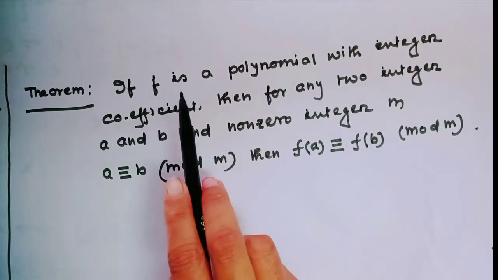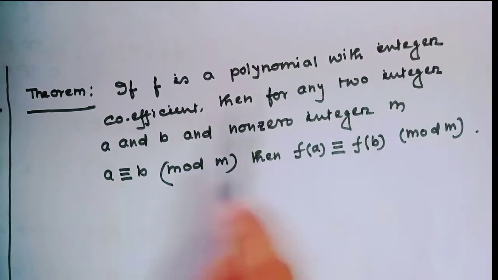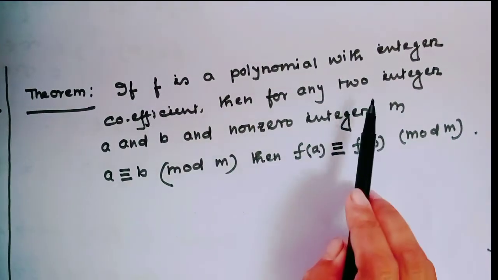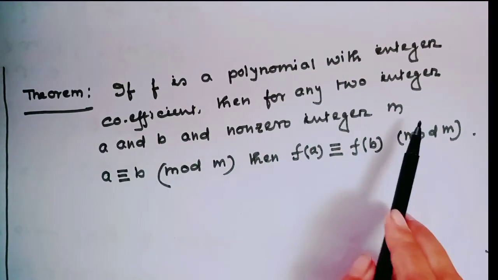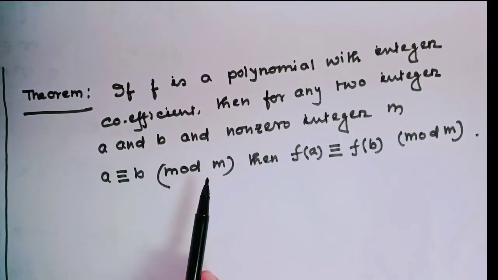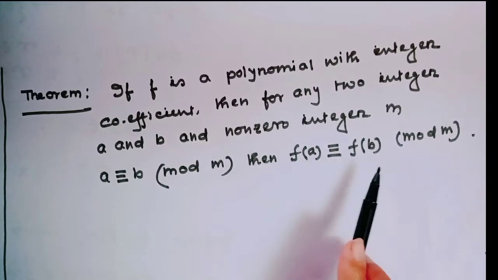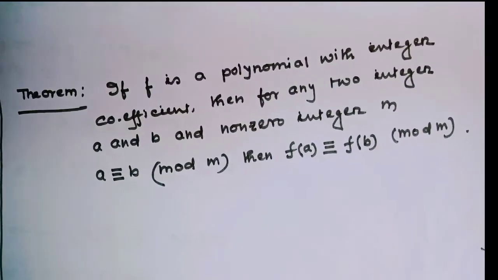The theorem is: if f is a polynomial with integer coefficients, then for any two integers a and b and non-zero integer m, if a ≡ b (mod m), then f(a) ≡ f(b) (mod m).